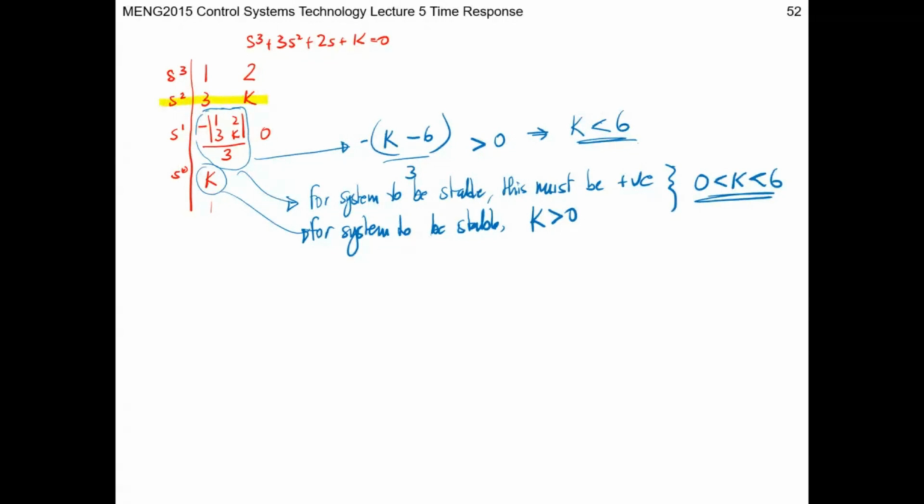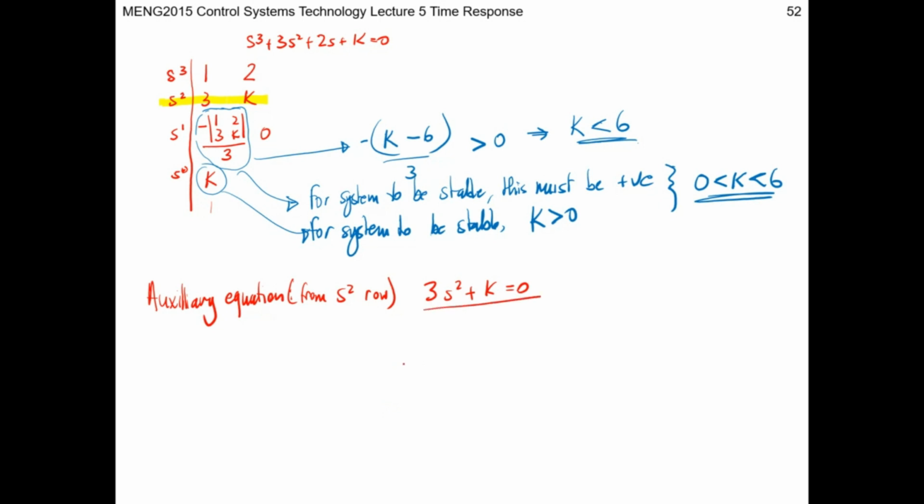So our auxiliary equation, from the s squared row, is given as 3s squared plus k equals 0.